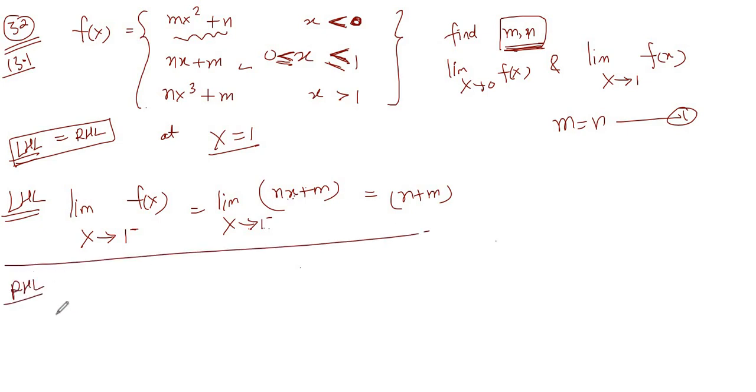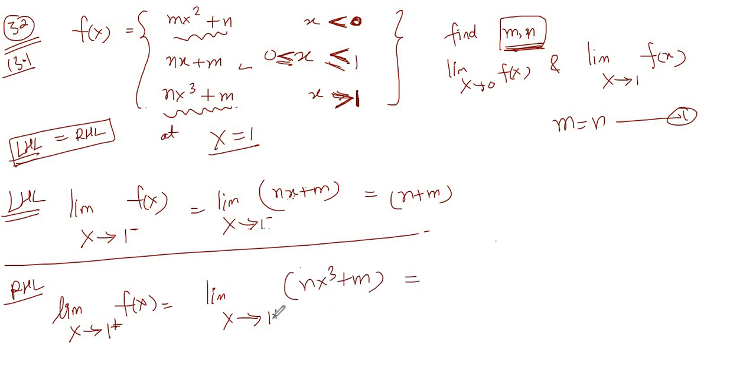So what will be RHL? The limit as x tends to 1 plus of f(x). 1 plus means more than 1. So more than 1, what will we pick up? This one we will pick up, which is nx cube plus m. Now let me put x is equal to 1, so it will be n plus m.